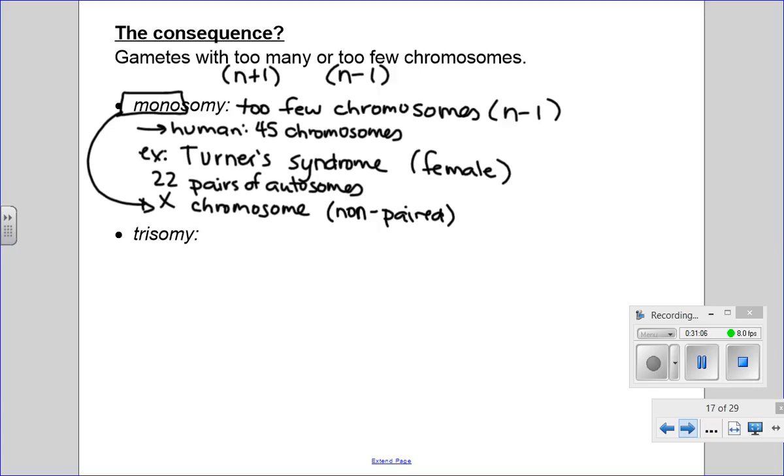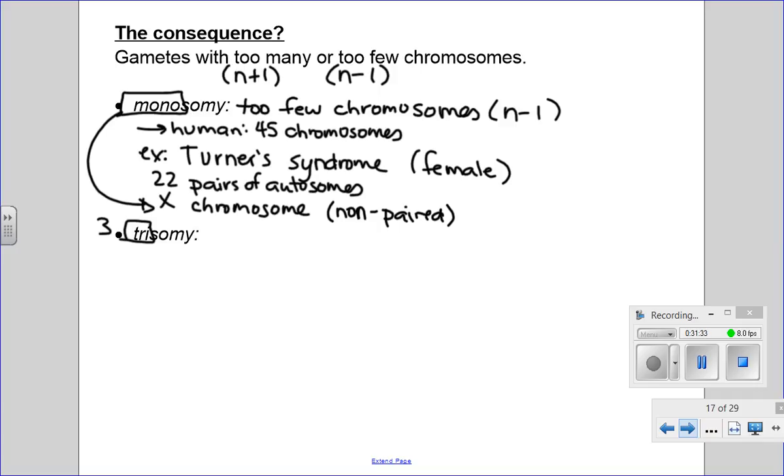You are perfectly capable of having a life that you can live. Generally, development is a little bit slower, which usually means learning is a little bit slower. But other than that, you could live a regular length of life and be perfectly happy, even though you have this monosomy of chromosomes.